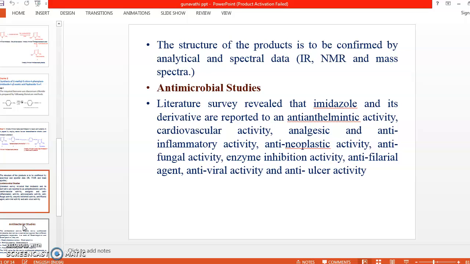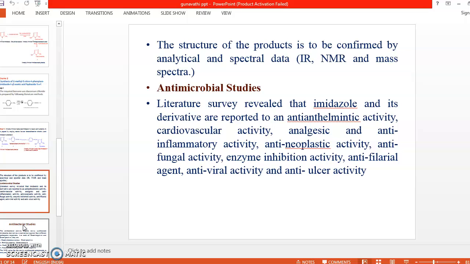Next, if we synthesize any organic compound, we have to first analyze the biological activity of that compound. That is more important, because according to those results only we have to use that compound medicinally, industrially, or whatever is suitable.